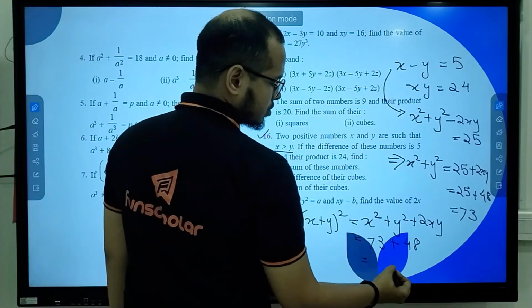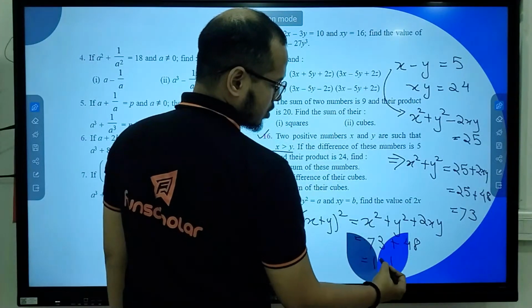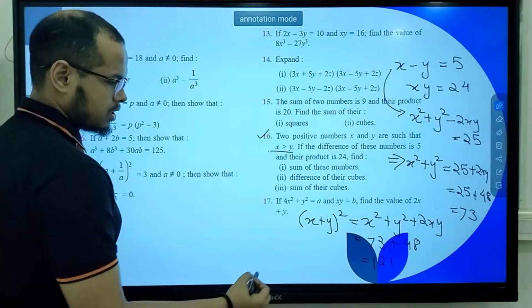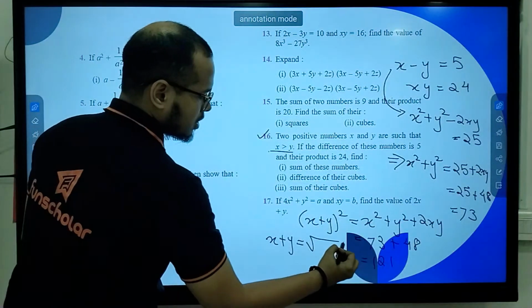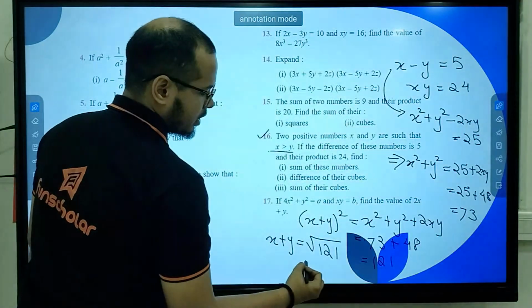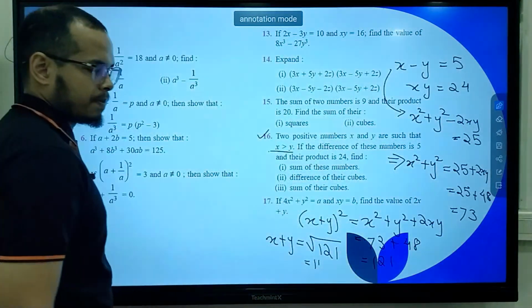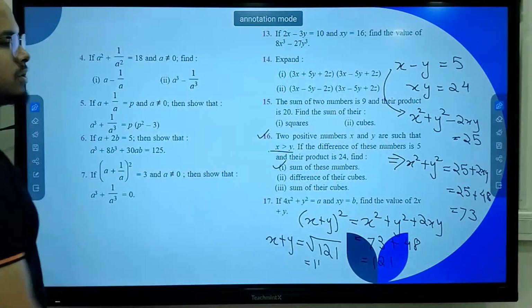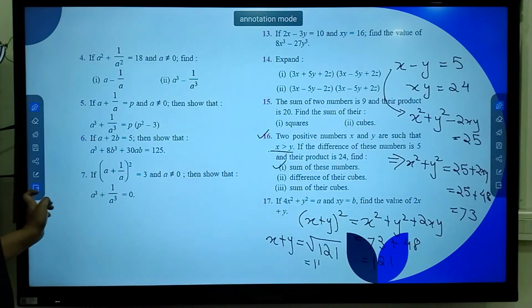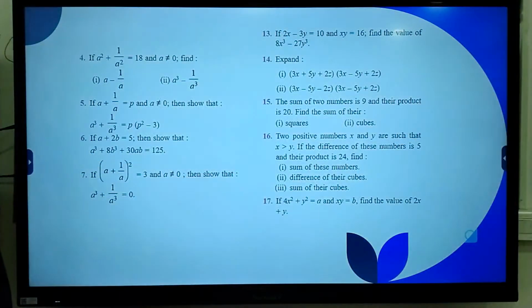So let's add these two. We're getting 121. So x + y is nothing but the square root of 121, that is nothing but 11. Okay, so we have found the answer for the first one. The sum of these numbers is 11. Let's head to the next portion.